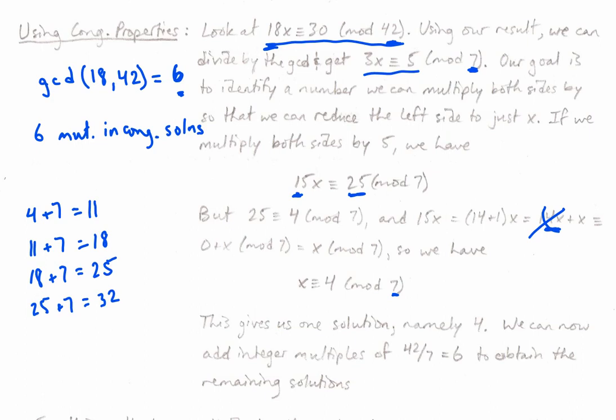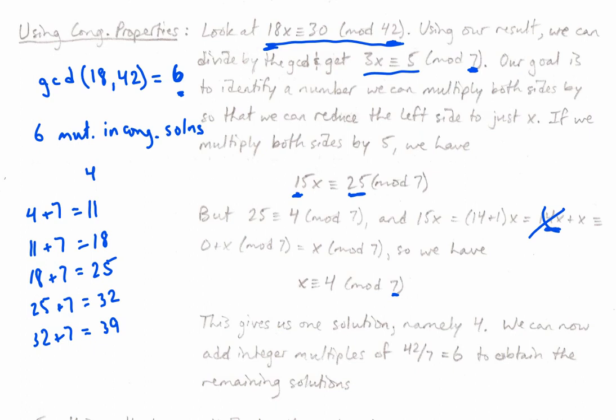Add another 7, I get 39. That's the last solution there that we found. And now, we have 1, 2, 3, 4, 5, 6.